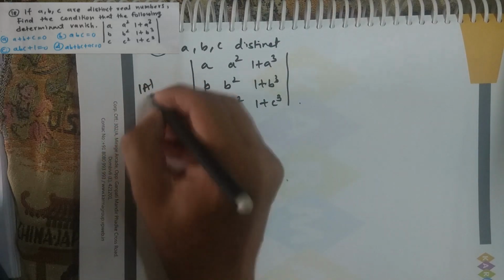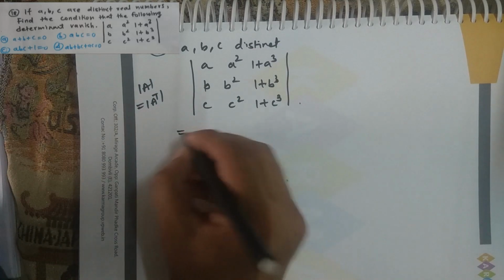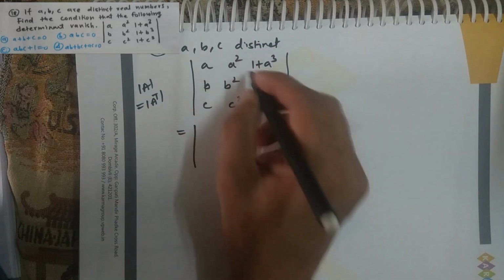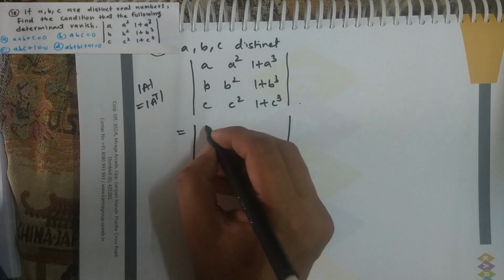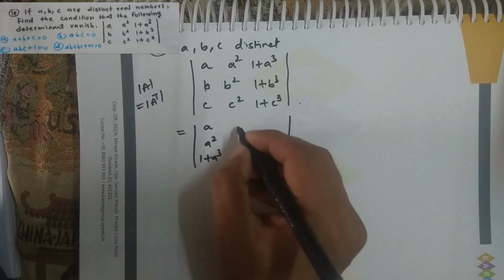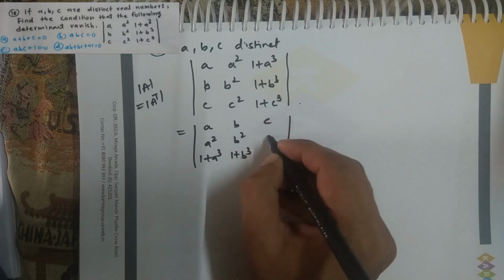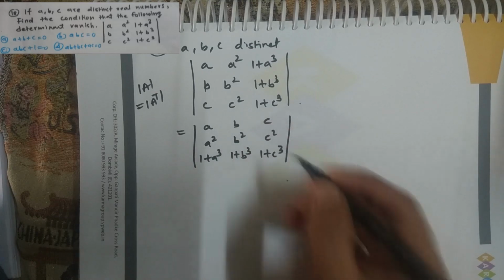We know that the determinant of A and the determinant of A transpose are identical. So if I take the transpose of this, the determinant is not going to change. Means the rows are a, b, c; a square, b square, c square; and 1 plus a cube, 1 plus b cube, 1 plus c cube.